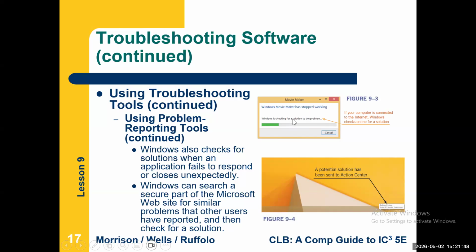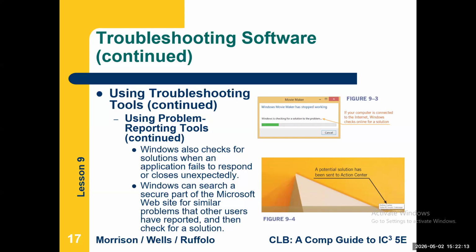Once that report is generated, it goes into the system folder to see what the errors are that happened, and if that error happens, how can I best solve this? Then it goes onto the Microsoft website to see what some of the issues are that other people have reported, and how they were able to solve them.